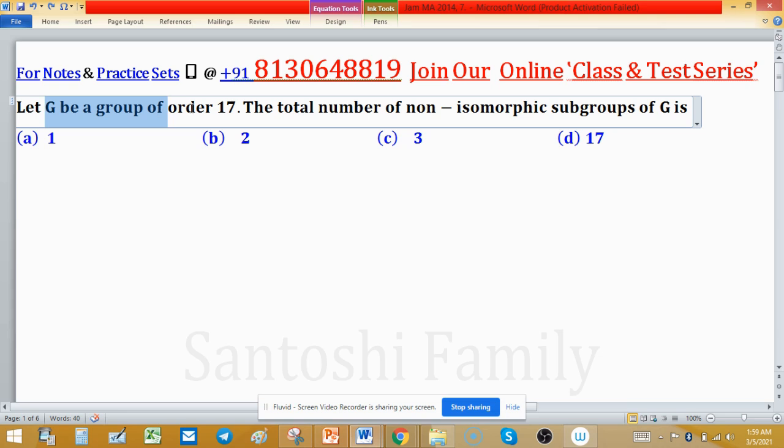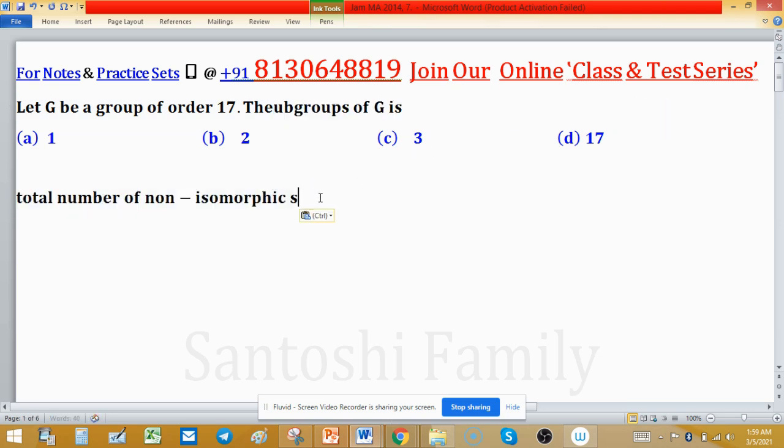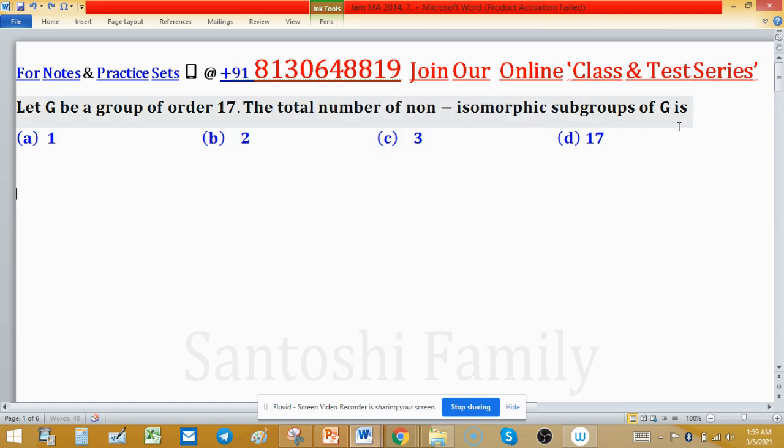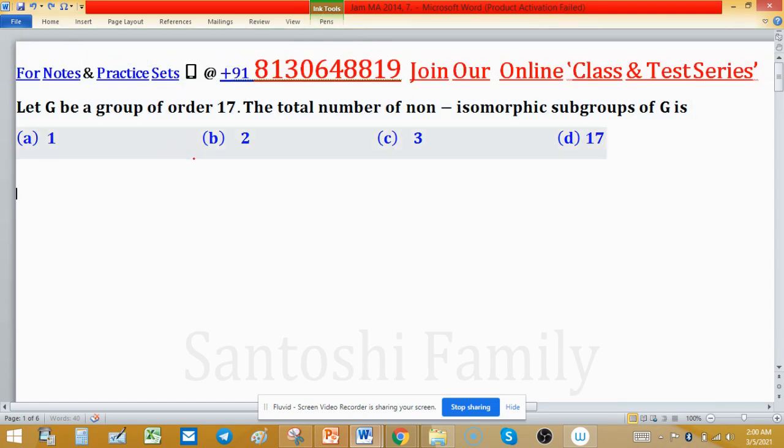Let G be a group of order 17. The total number of non-isomorphic subgroups of G is. We need to check how many non-isomorphic subgroups G has. First check how many subgroups there are, then whether they are isomorphic or not.